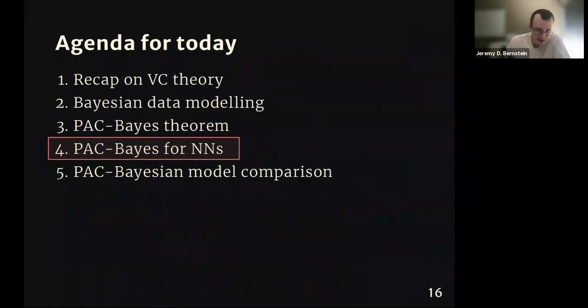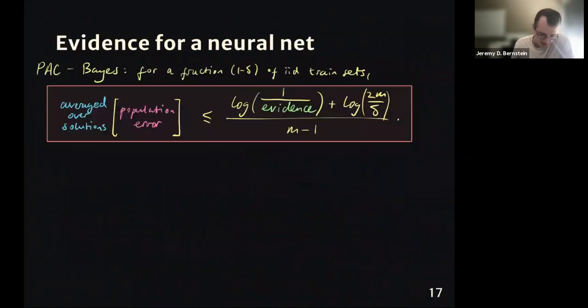So for the rest of the lecture, I'm going to show you 3 different ways of actually instantiating this idea for neural networks. So what does that mean? Just to show you again, this is the bound, and it depends on this thing that we've called the evidence.